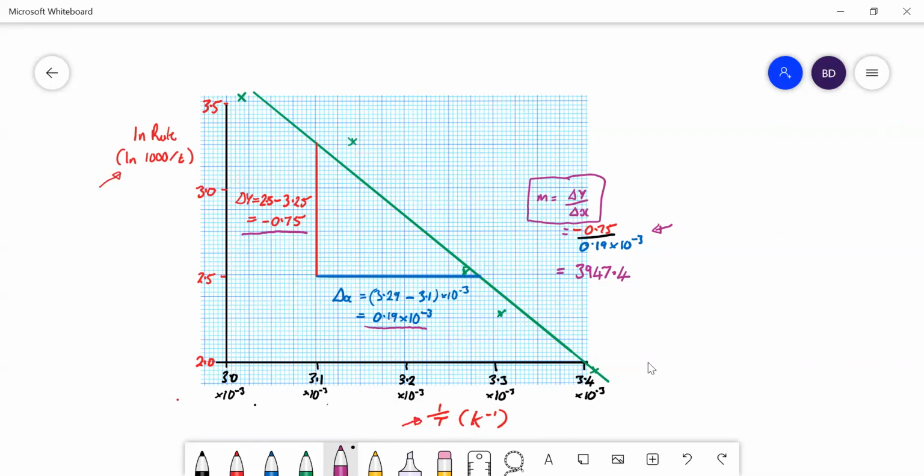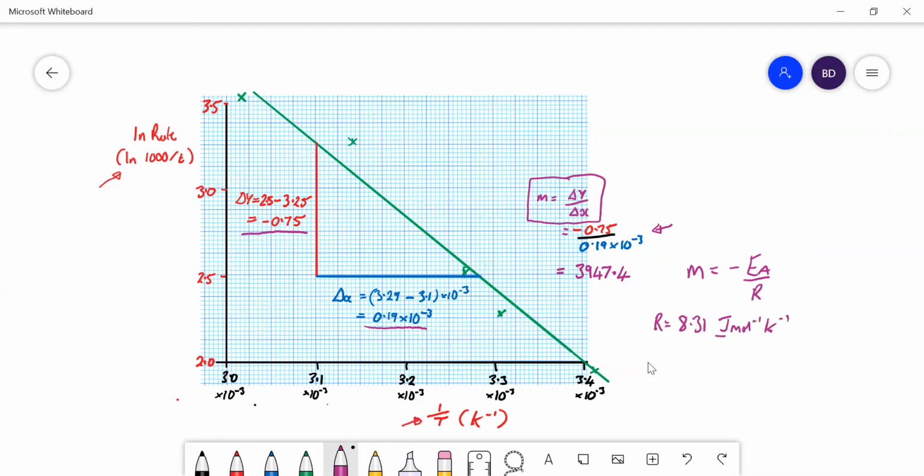Now we have to work out the activation energy. We remember that the gradient m is equal to minus EA over R, where R is the gas constant. R is given as a value of 8.31, and the units are important here, joules per mole per kelvin. That's joules, not kilojoules.